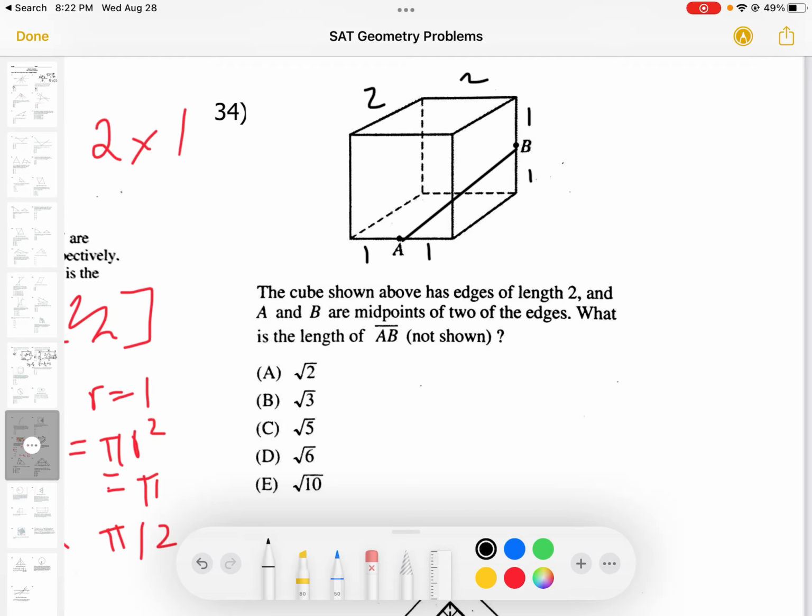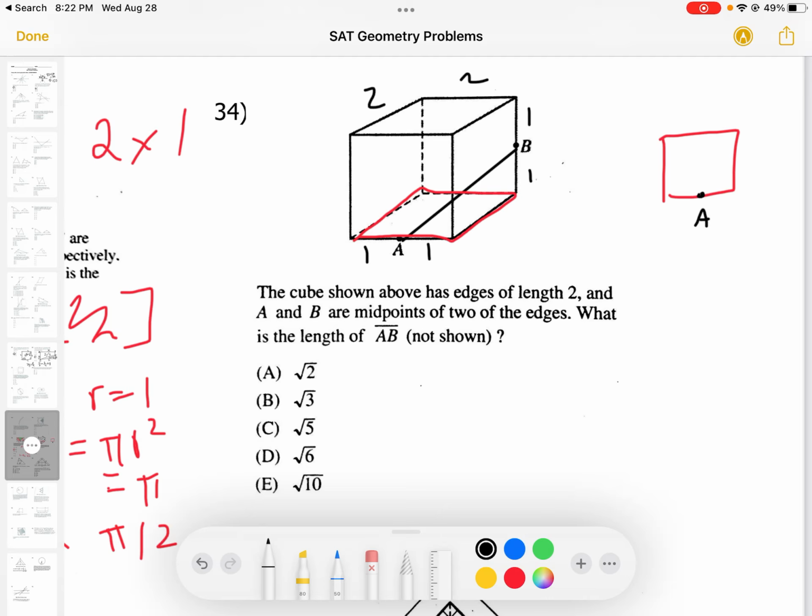So if we draw a net of this cube, if we unfold this cube basically, it'll look something like this. So this is our center face. Actually, let me do this face in red. So this face right here will be our bottom face. So A will be right there.